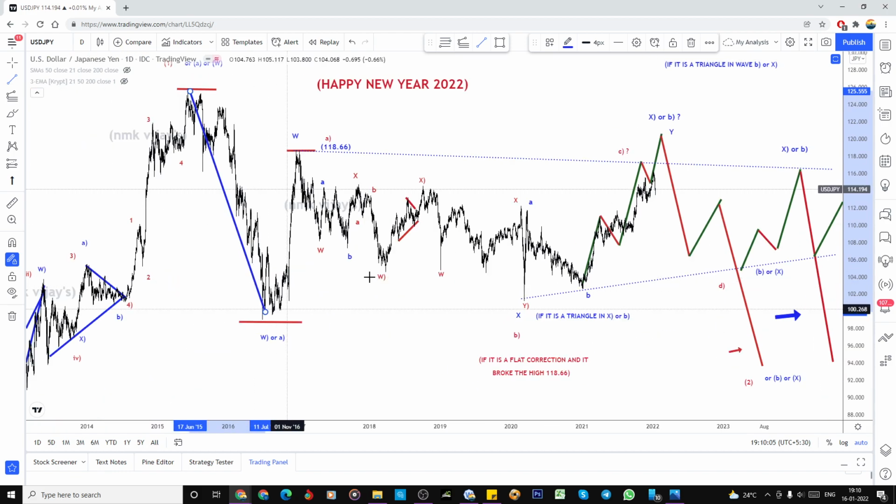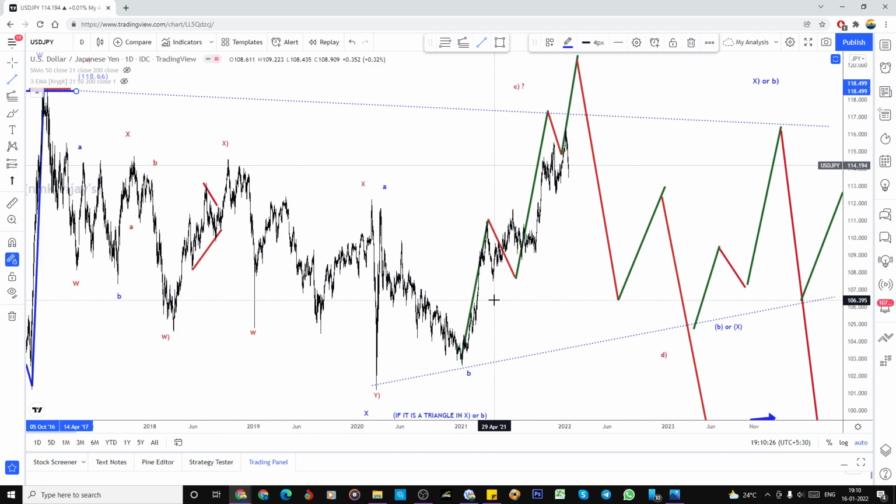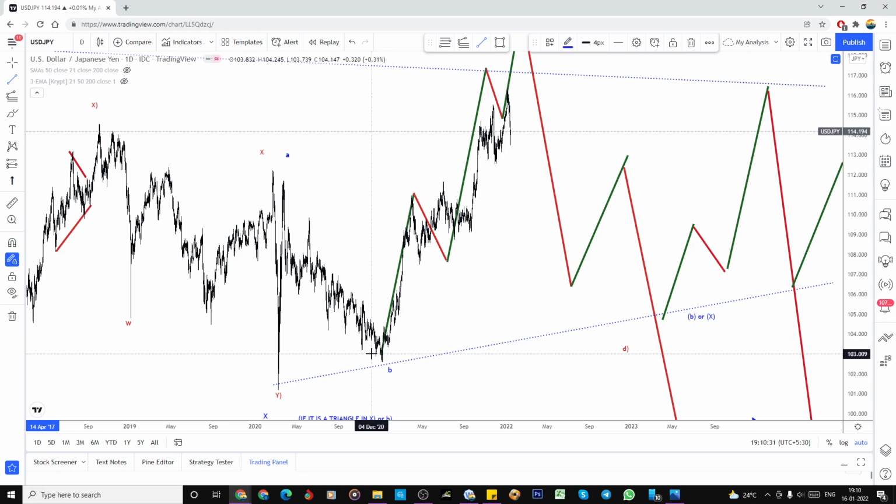So for this one, A, this is the B, and C has been completed. So this is the W, and this is the X. A, B, C needs to break this high. That is my target. Okay, so how I took this and how I labeled this, if you are following my weekly analysis, I exactly got in at 103.4, that you know very well.